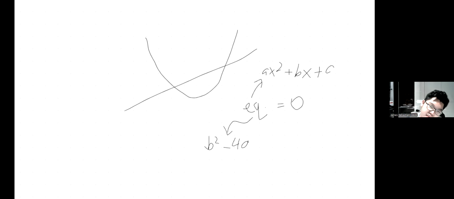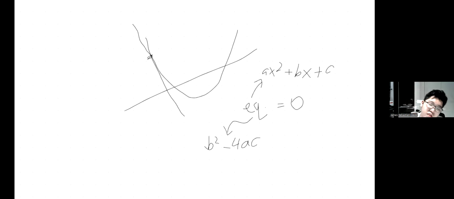Then there's one solution, and actually that solution is a tangent line. It intersects at one point only.